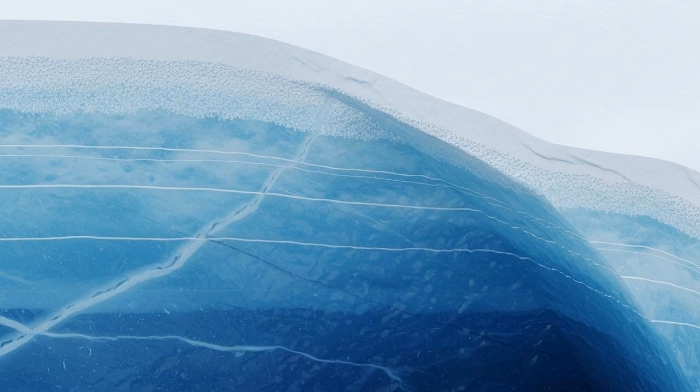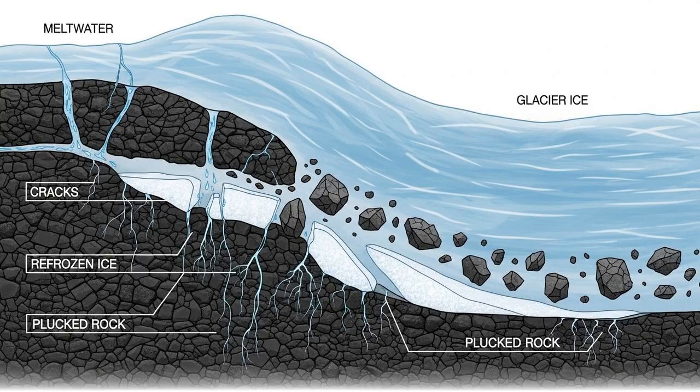The second mechanism, plucking, is a much more forceful process. As a glacier slides over bedrock, meltwater at its base seeps into cracks and fractures in the rock. Overnight, or during cold periods, this water refreezes. And as we know, when water freezes, it expands. This expansion acts like a wedge, popping and prying chunks of rock loose from the bedrock.